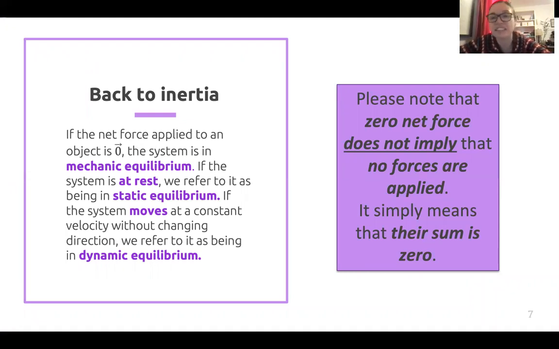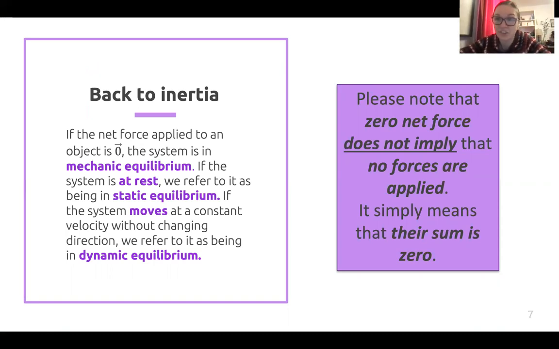We call that dynamic equilibrium. So there is a difference, but in terms of the equations that we use, acceleration is still going to be 0, so it doesn't change the math very much, but it is important to distinguish the two types of equilibrium.